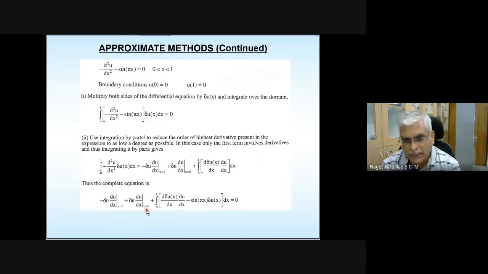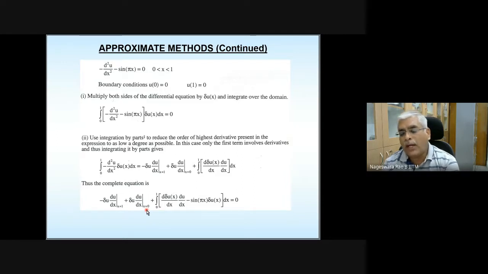Variation of u is the change in this function u when there are perturbations, changes in the unknown parameters. Whatever change in this function u, that is nothing but variation of u.